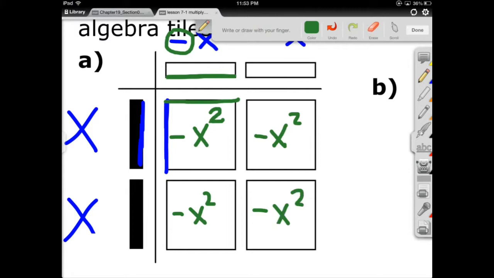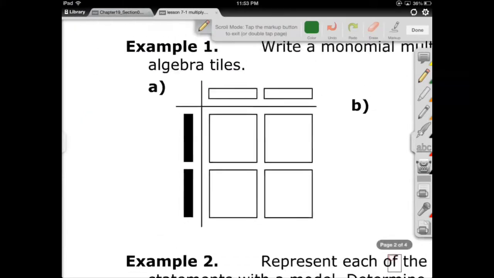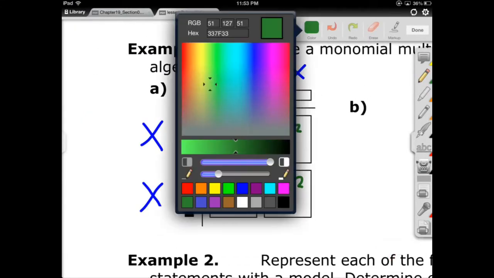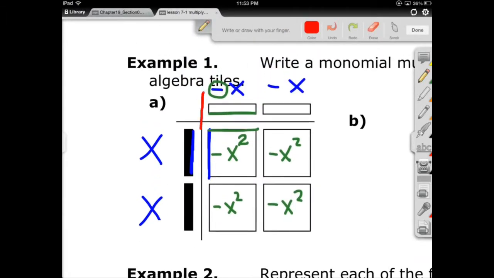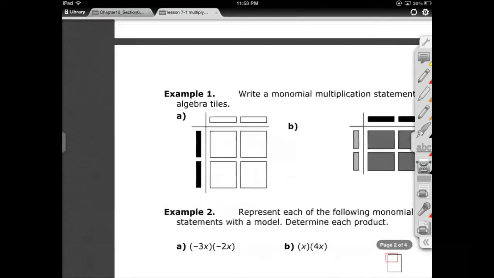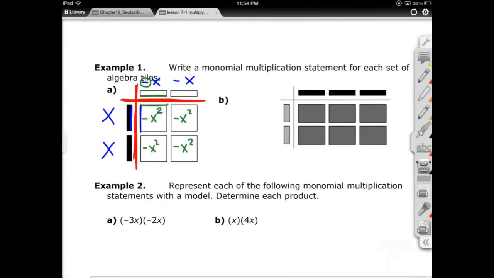It turns out that when you set up these tiles like this, x tiles multiplied by x tiles, they make squares. Okay, so they're checking to see if you set this up with, let's borrow a red color. There we go. Put in a dividing line here and here. So in this case, we're multiplying in what we call sort of a monomial statement.